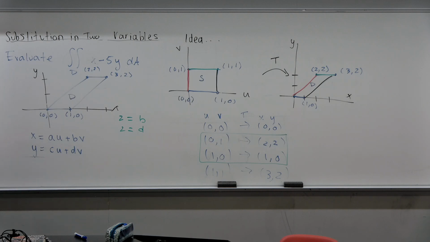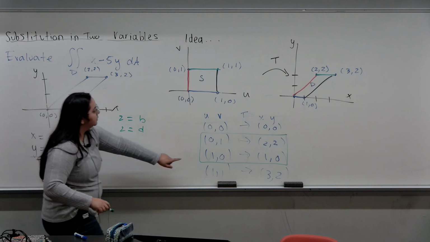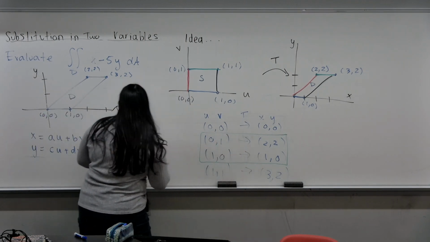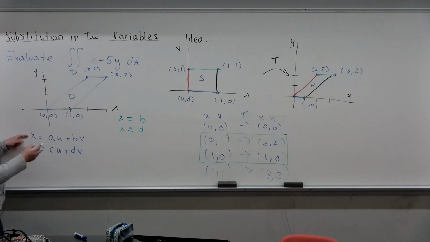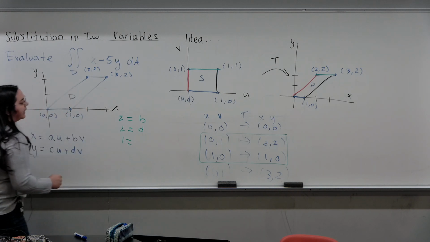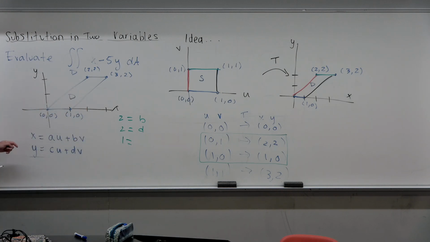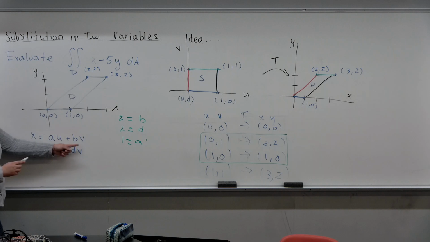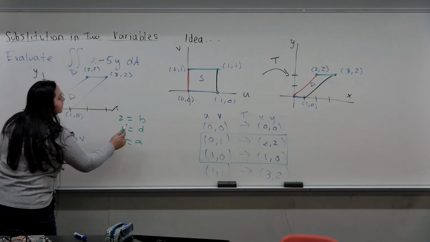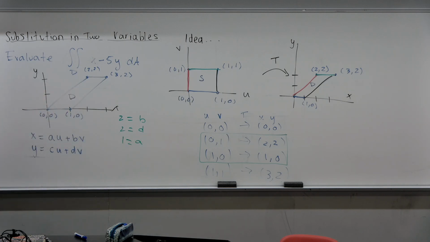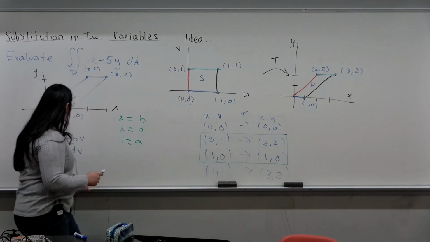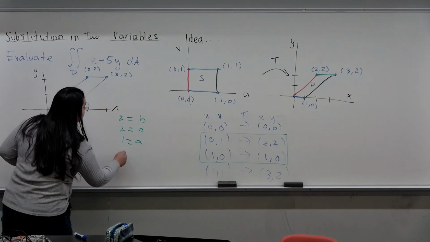Now using the second coordinate that I have boxed up here, same idea, right? When x is 1, I plug that into this first equation. When x equals 1, that came from the coordinates u and v being 1 and 0. So when x is 1, u is 1. I get a plus, v is 0, so that term is 0. So that gives us a equals 1. And then finally, when y is 0, I plug that into the second equation.